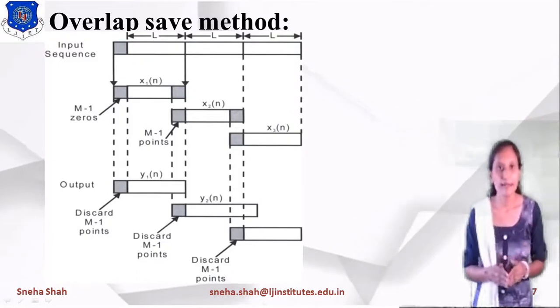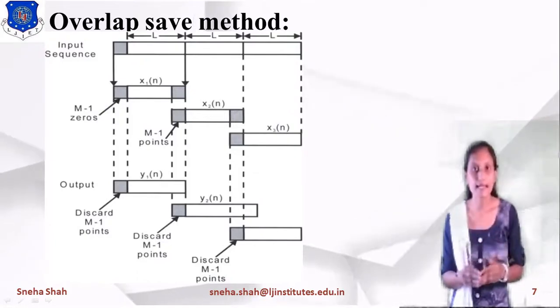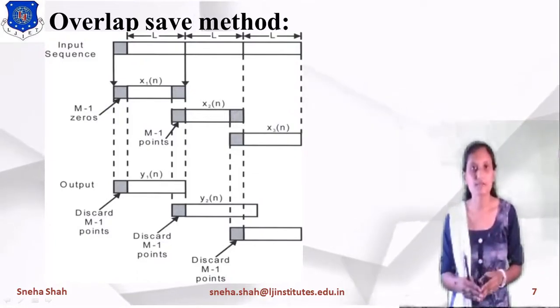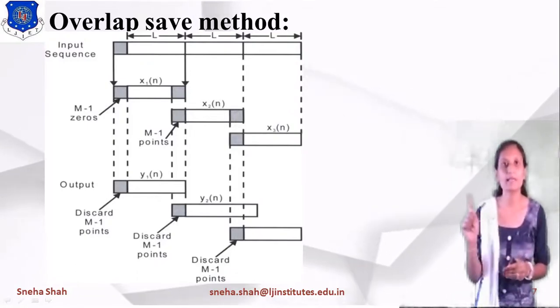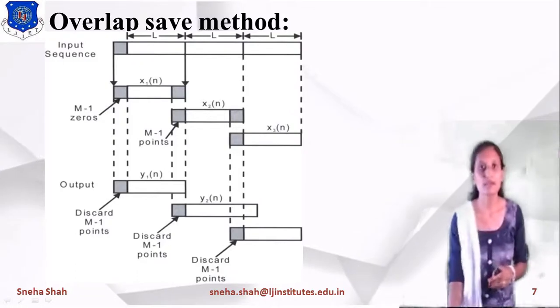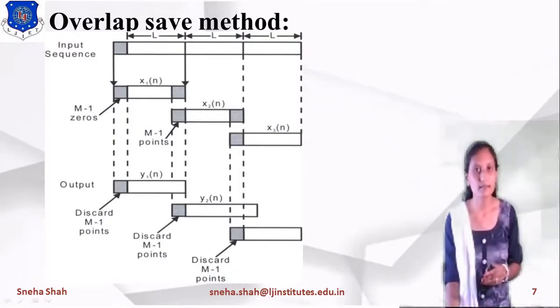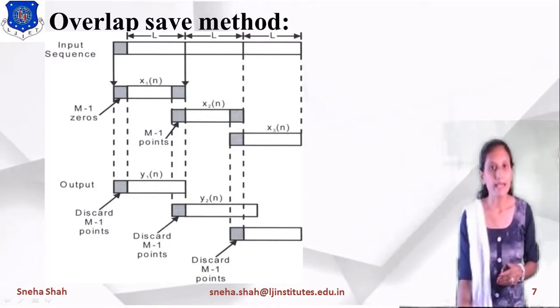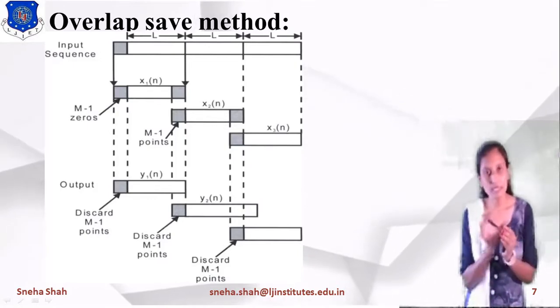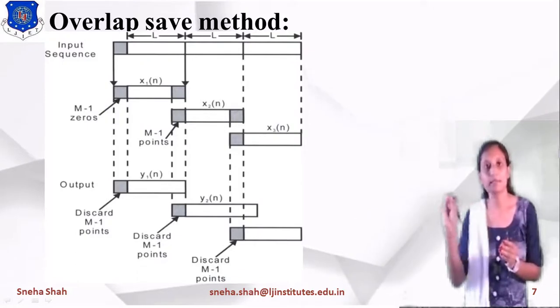So if you want to find the linear convolution, what is the length of the linear convolution output? As we had seen, the linear convolution output length equals L plus M minus 1, right? So if I am converting this input sequence into blocks of L samples, we have to add M minus 1 zeros, so the total length will be L plus M minus 1.